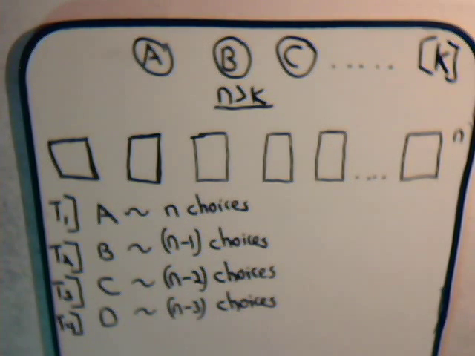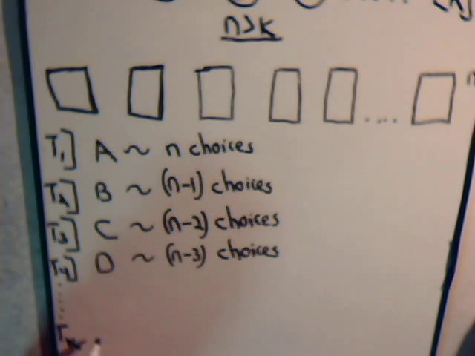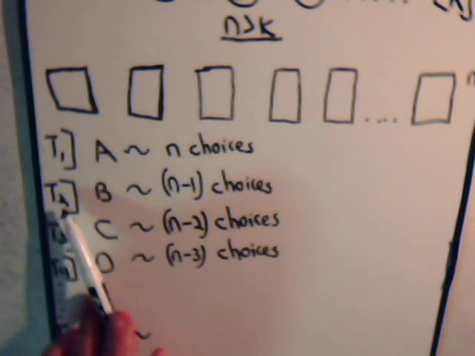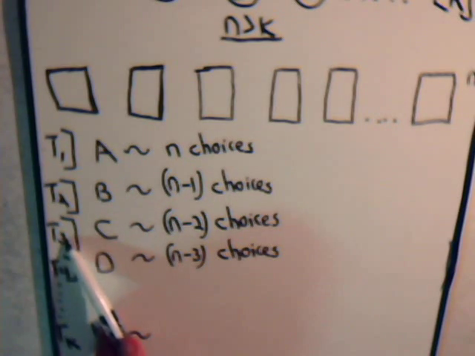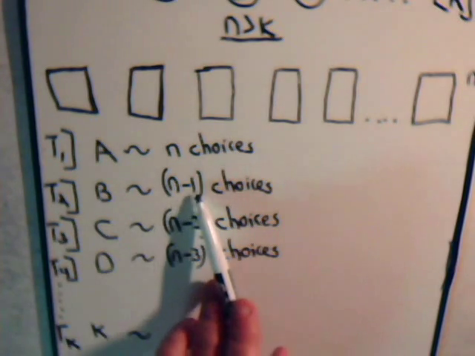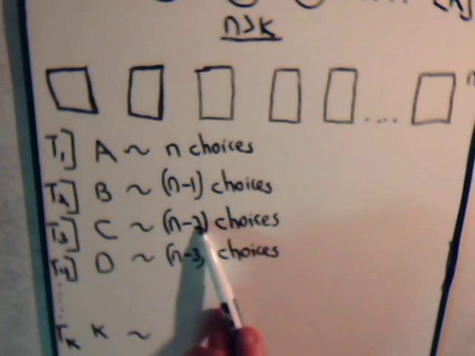So let's say that we keep proceeding like this until we get to the last object, object K. Now how many empty boxes will be available for it? Well, let's see how this pattern goes. For the second object, it was n minus 1. For the third object, n minus 2.